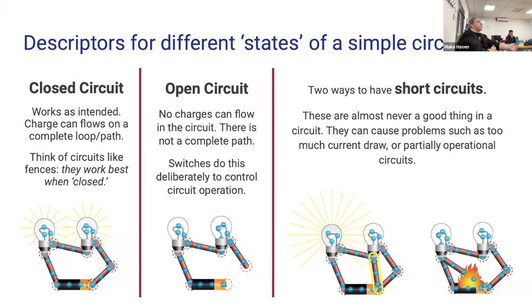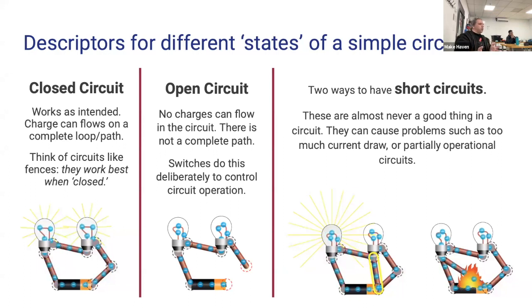So to make an electronic circuit, you have to have a closed path. There has to be a way for the electrons to get from one end of the circuit all the way to the other. That's called a closed circuit because there is at least one loop where the electrons can make the whole way through.